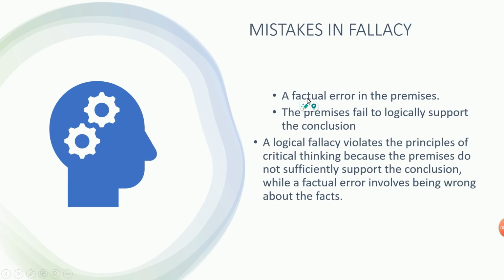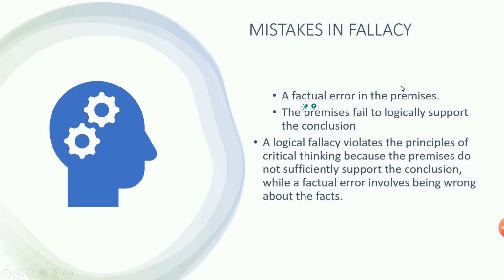Mistakes in fallacy. There are two types of mistakes which can appear in a fallacy. First is a factual error in the premises. Instead of stating accurate data or facts, you are making a factual error in the premises.